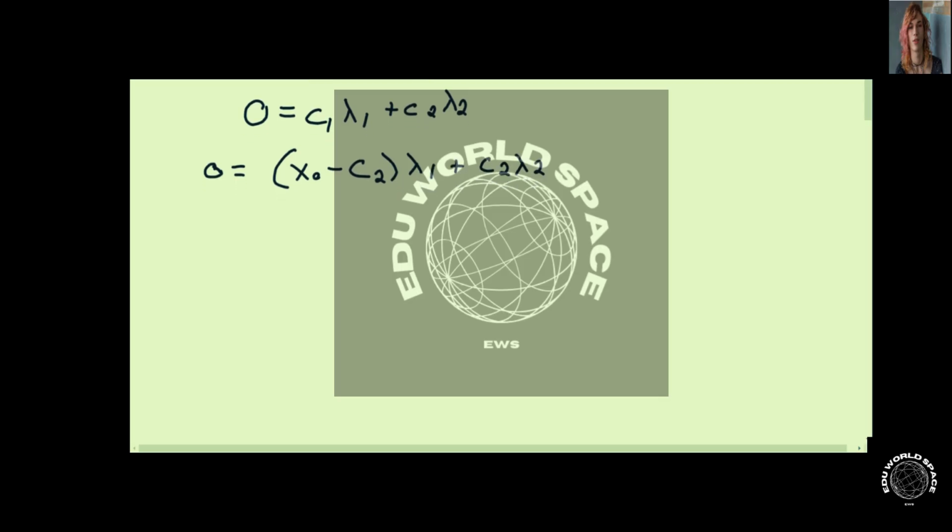And now what we're going to do is just simplify it. So we have x naught lambda 1 minus c2 lambda 1 plus c2 lambda 2, and I'm going to have this equal to 0. That gives x naught lambda 1 minus c2 times lambda 1 minus lambda 2 equals 0.